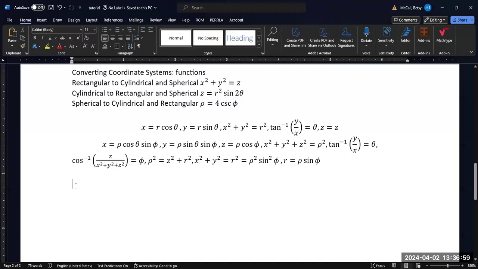All right, so in this video, we're going to be looking at how to convert between different coordinate systems, but we're going to be dealing with functions instead of points.